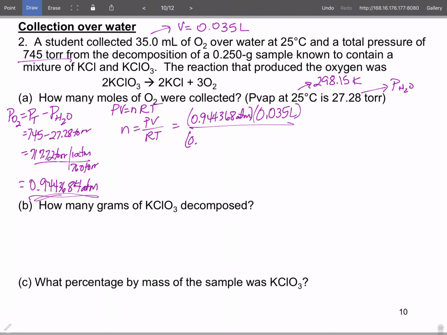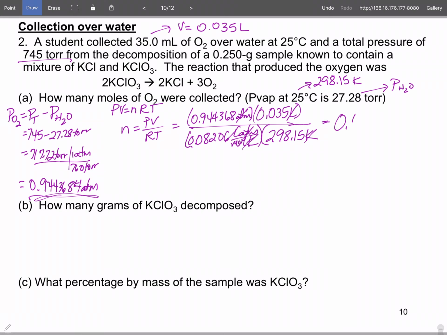R is 0.08206 liter atmospheres per mole K. And temperature is 298.15 K. So again, my K's canceled, my liters canceled, my atmospheres canceled, and I've got 1 divided by 1 over moles, which kicks it forward.